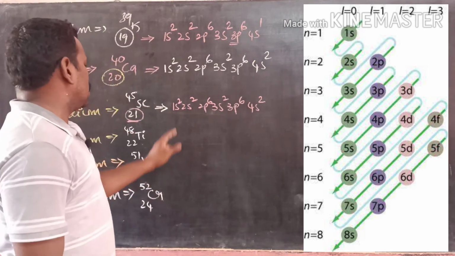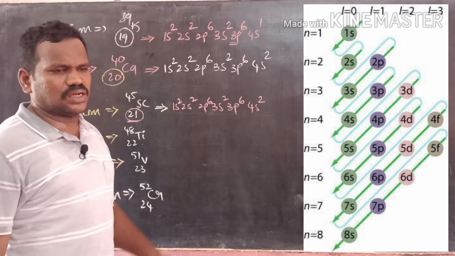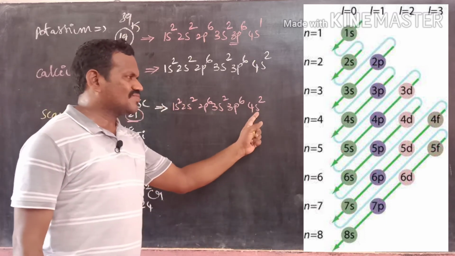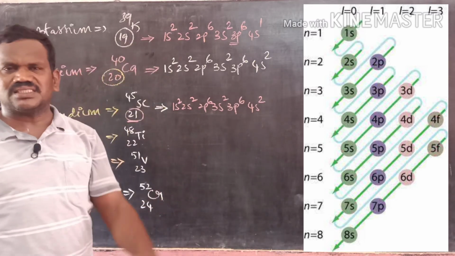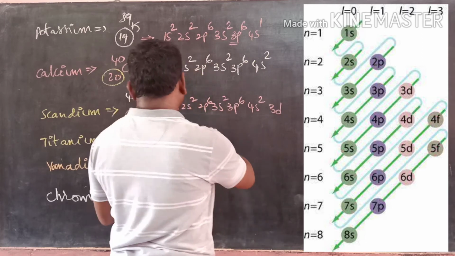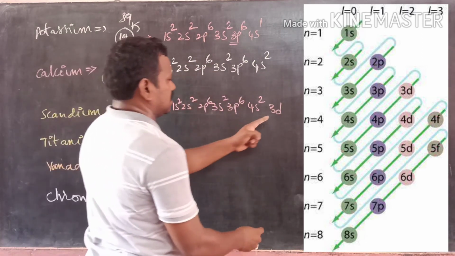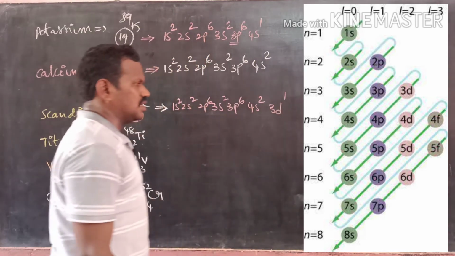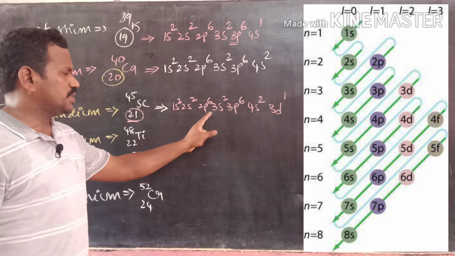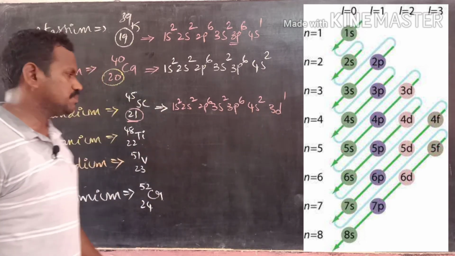Till now 20 electrons are completed, remaining 1 electron. As per the Aufbau principle, after 4s the next energetic orbital is 3d. Then the next electron, that is the last electron of this element, enters into the 3d. The electronic configuration becomes 1s2, 2s2, 2p6, 3s2, 3p6, 4s2, 3d1.